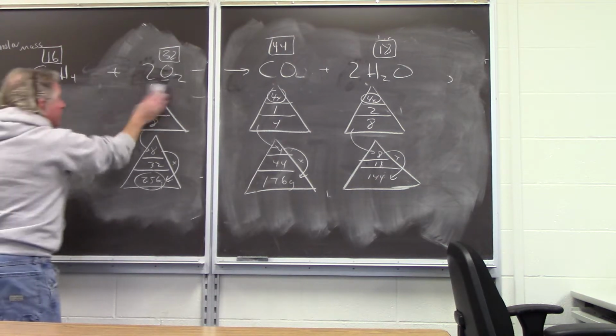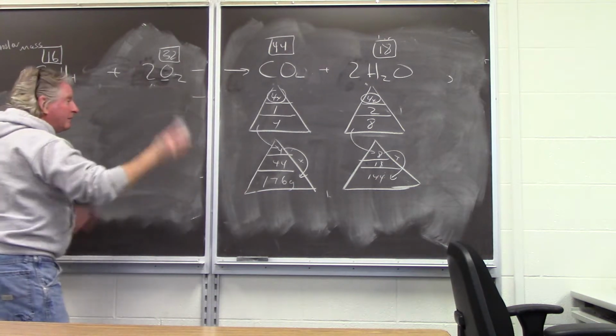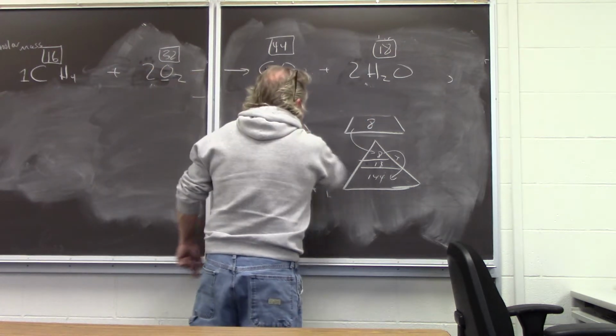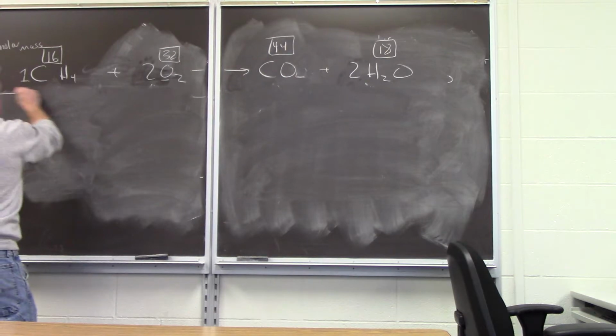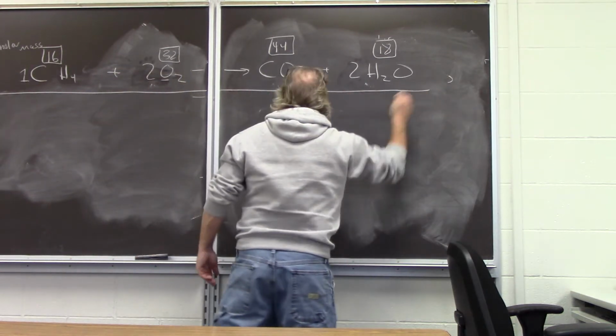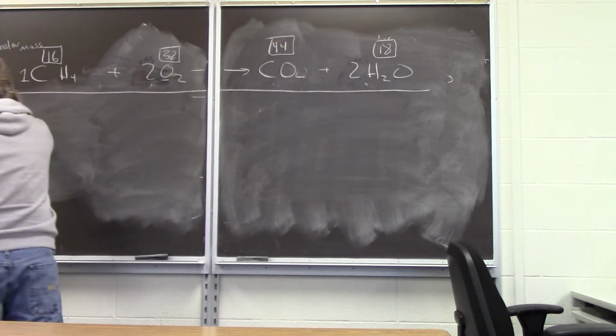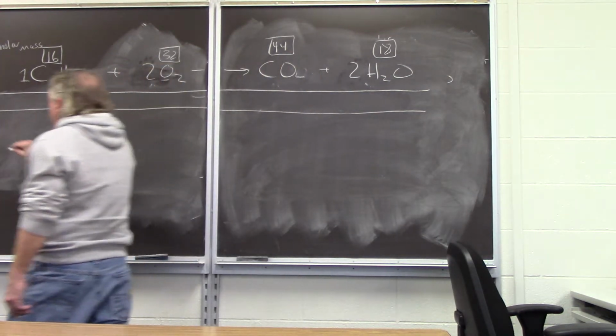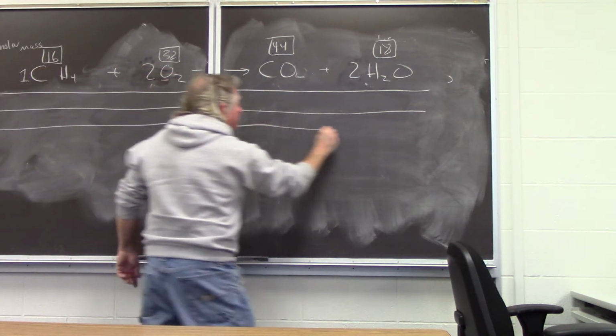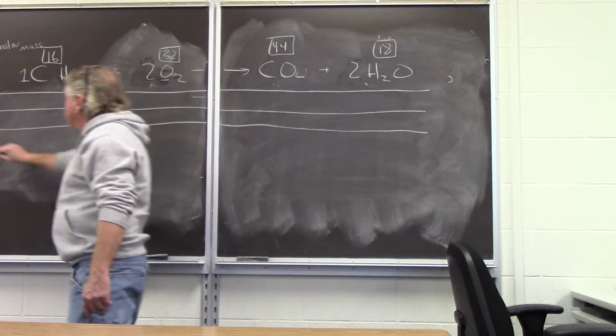What I am going to do now is clean this up a little bit. I'll use the same ideas, but make it more of a chart form to make it easier to see. Instead of drawing triangles, I'm going to draw a chart.